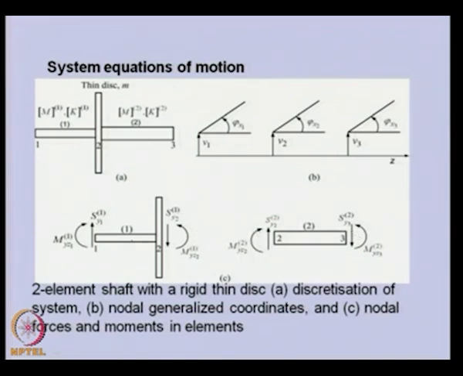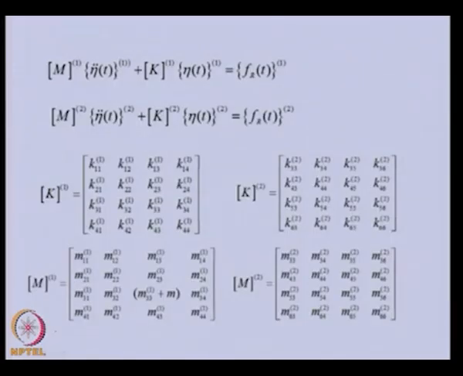Now we can write the elemental equation for these. Let us say this is the elemental equation for the first element, and this for the second element. The individual mass and stiffness matrices are given here. For element 1, this is the stiffness matrix, and this is the mass matrix.